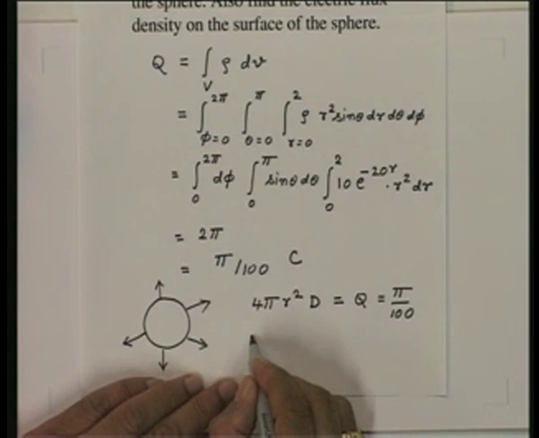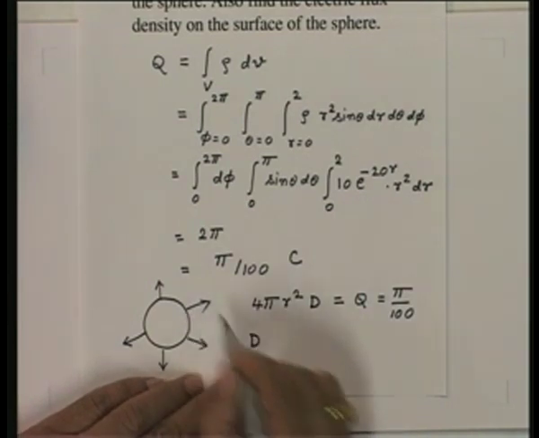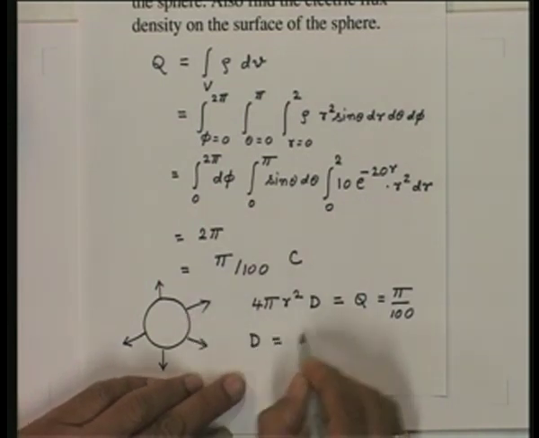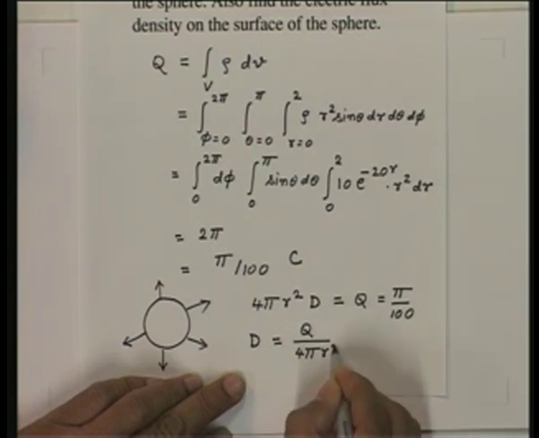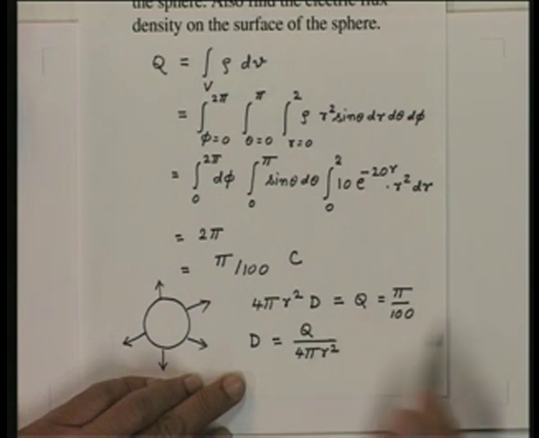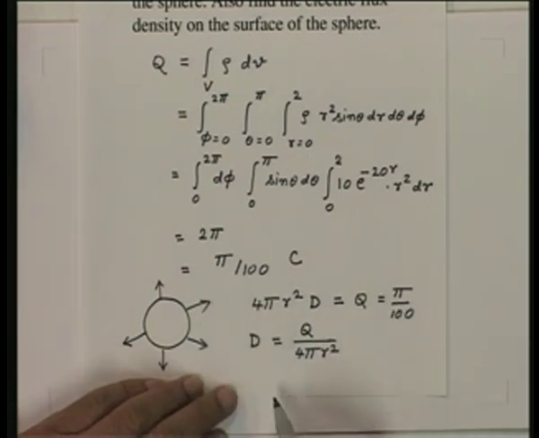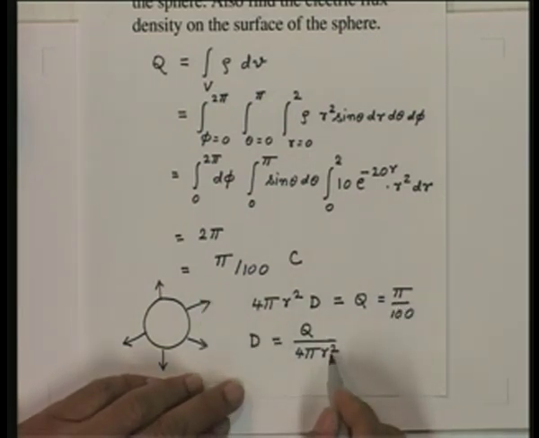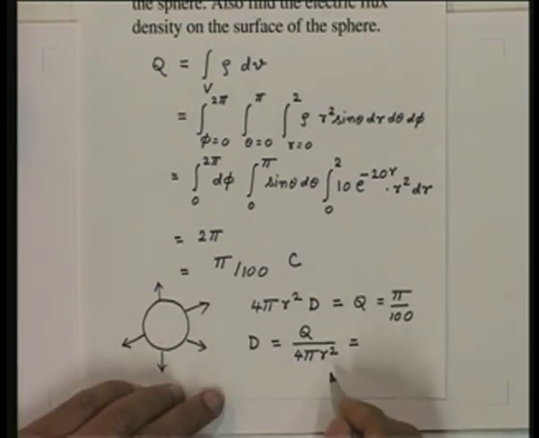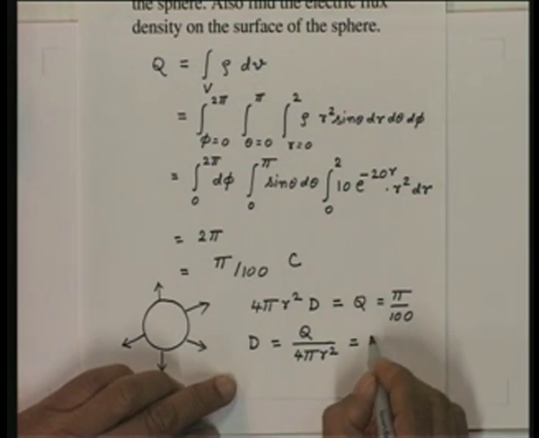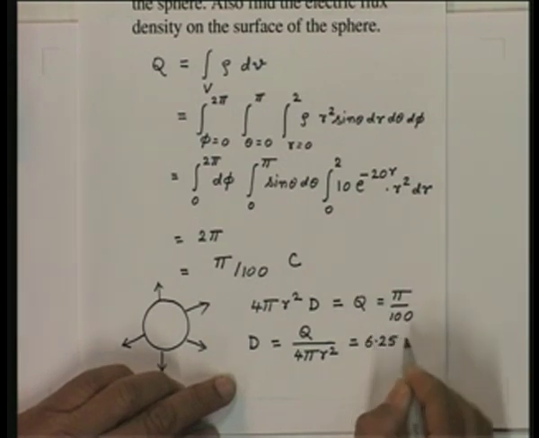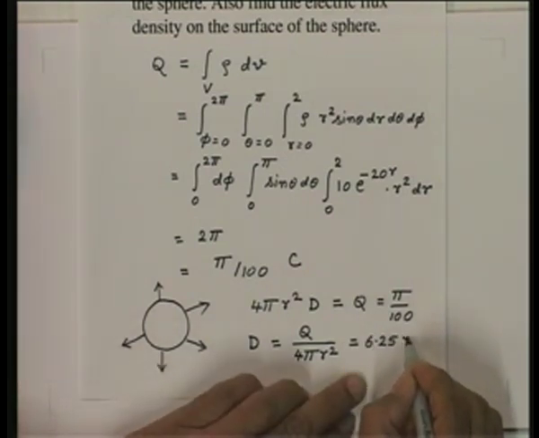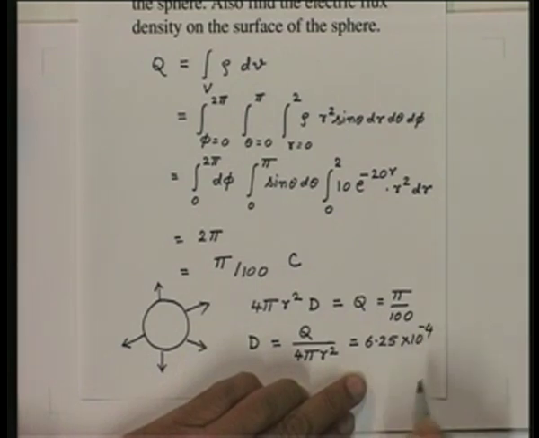So, from here we can calculate the electric flux density on the surface of the sphere, which is equal to q upon 4 pi r square, and substituting for the value of q, which is pi upon 100, and r is equal to 2 meters, we get electric flux density on the surface of the sphere equal to 6.25 into 10 to the power minus 4 coulomb per meter square.